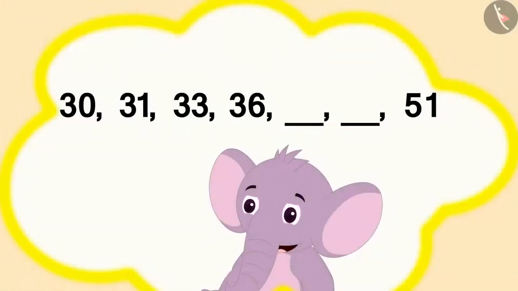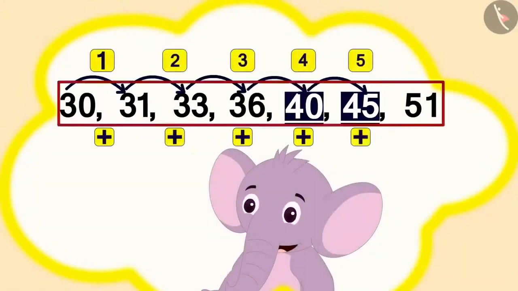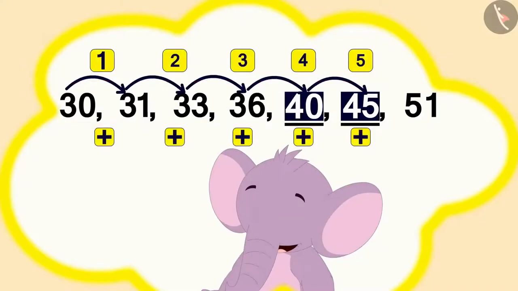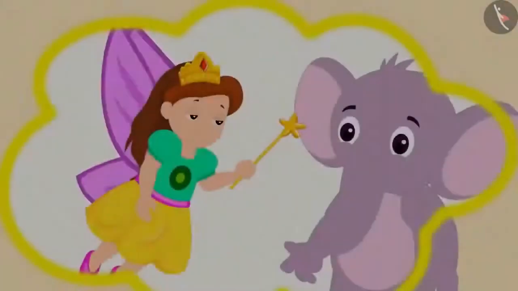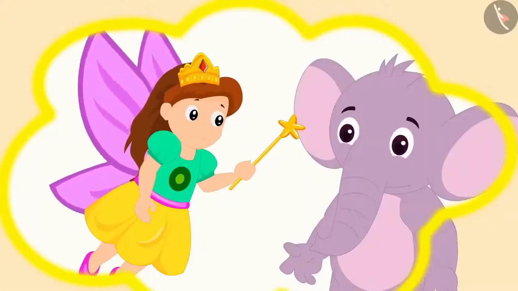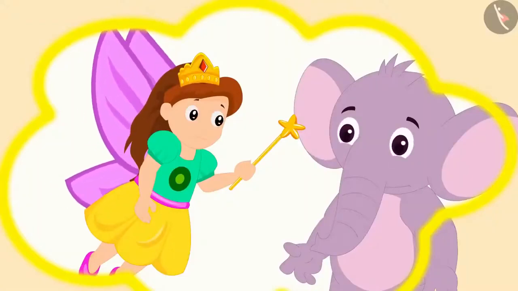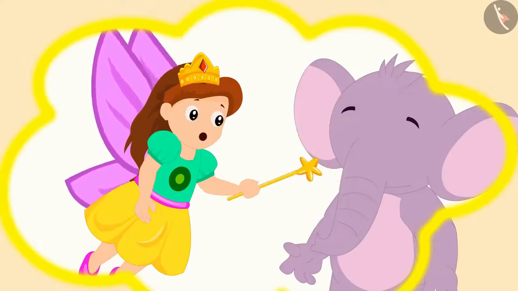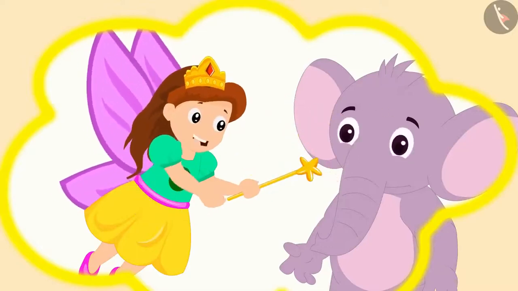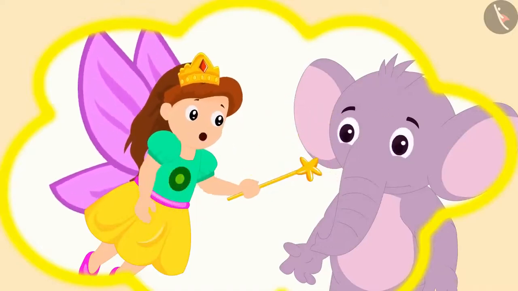Appu also filled in the blanks of this growing pattern using the process of addition like us. The angel became happy. She said to Appu, Well done, Appu. Your answer is absolutely correct.